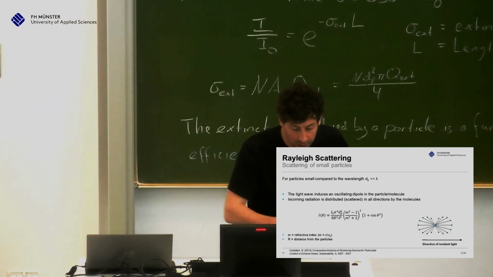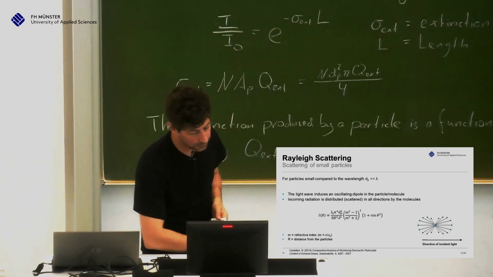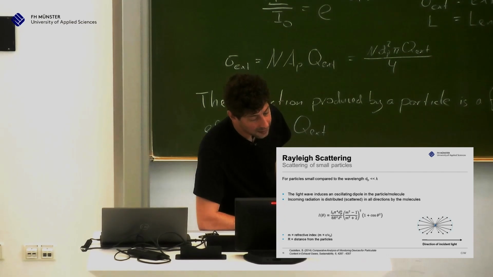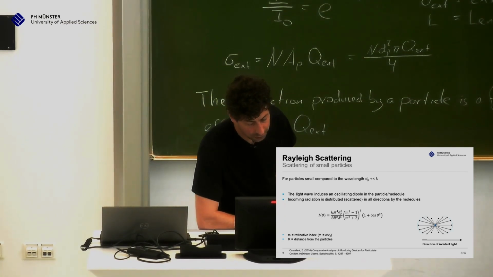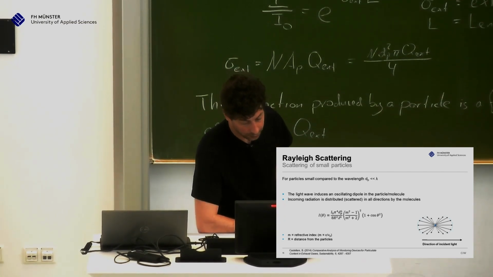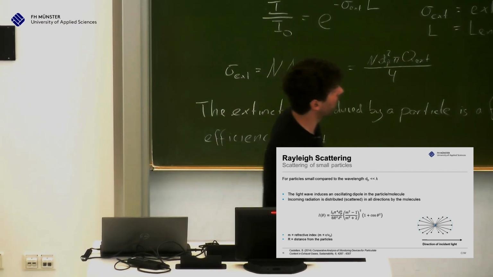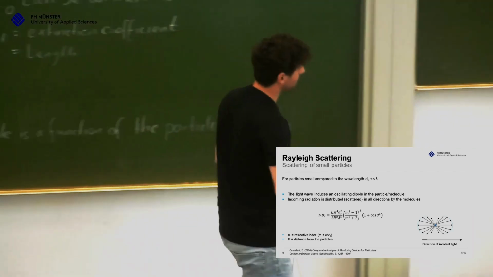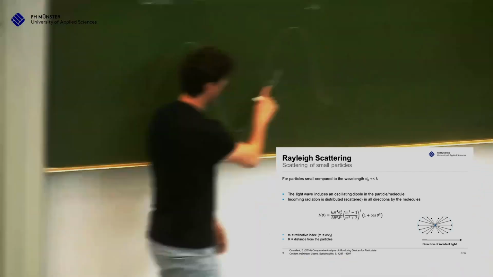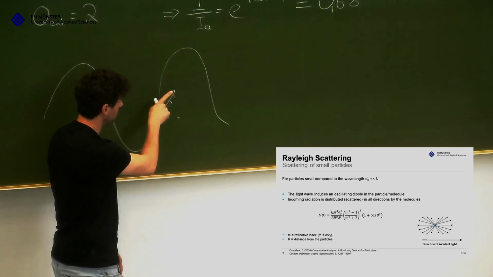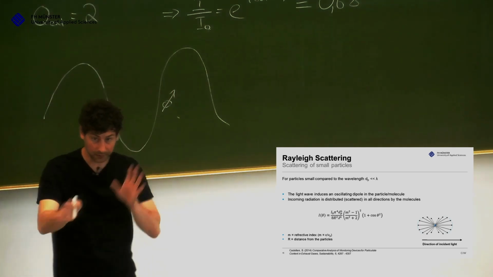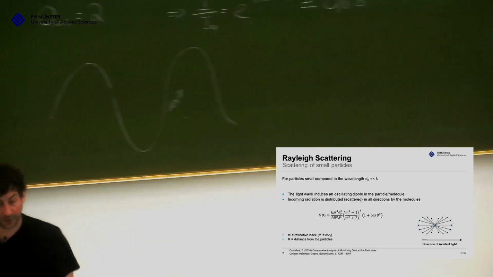So the light wave induces an oscillating dipole in the particle or molecules. Incoming radiation is distributed in all directions by the molecule or particle. Why is it distributed in all directions? Because the wave is going up and down, so the dipole is moving in all kinds of directions, so it radiates in all kinds of directions.